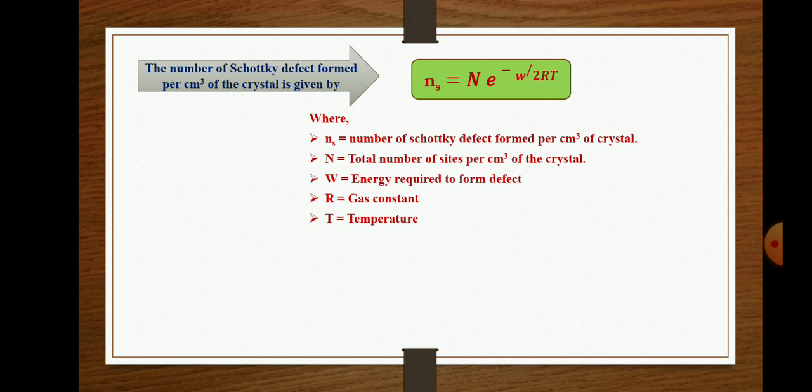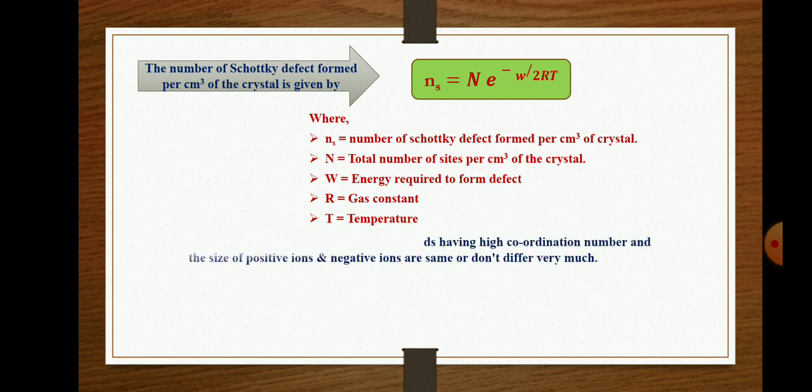Very important, students: this defect is observed in ionic compounds having a high coordination number, where the sizes of positive ions and negative ions are the same or do not differ very much.